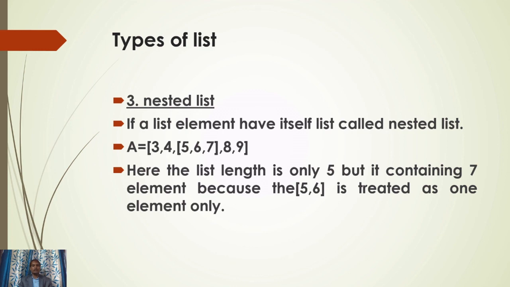Here the list length is only 5, but it contains 7 elements. But you have to remember, in a nested list the nested item is treated as only one element. So the 5, 6, 7 is treated as a single element.